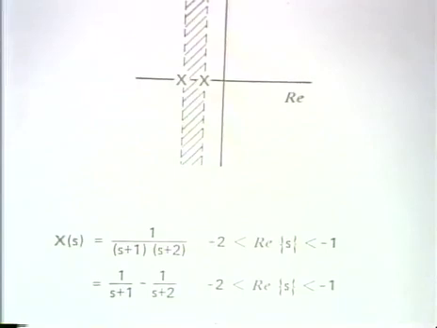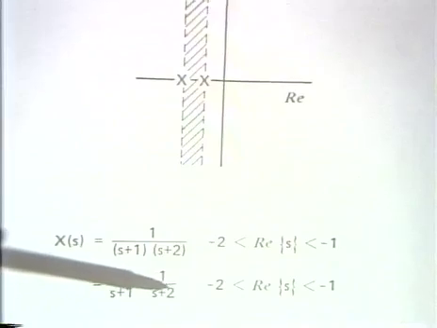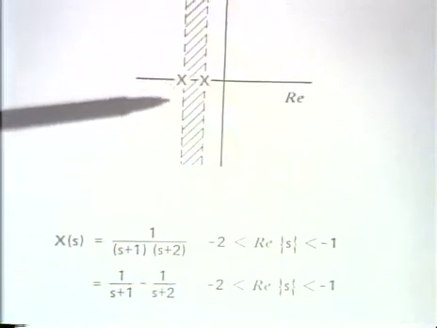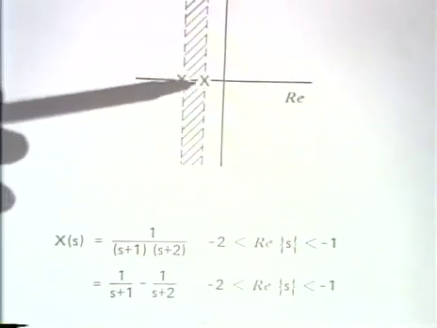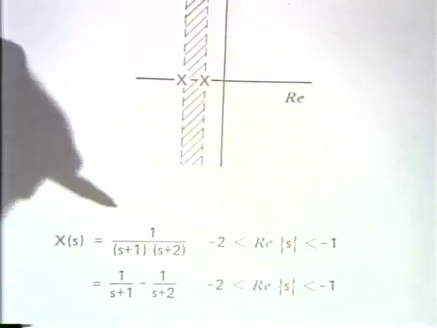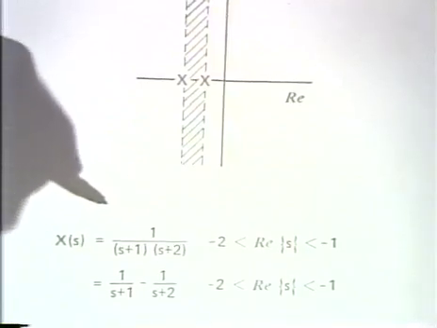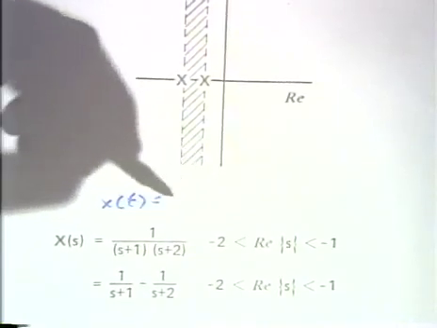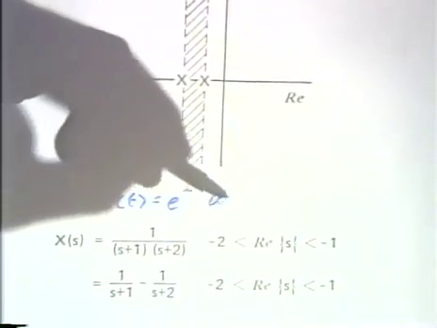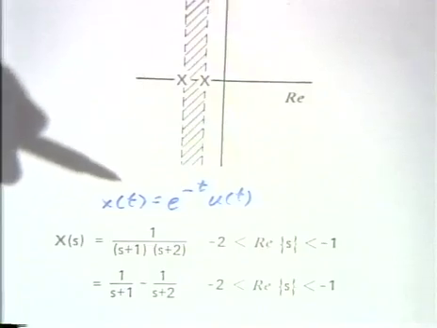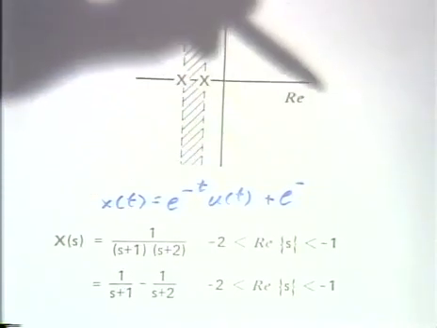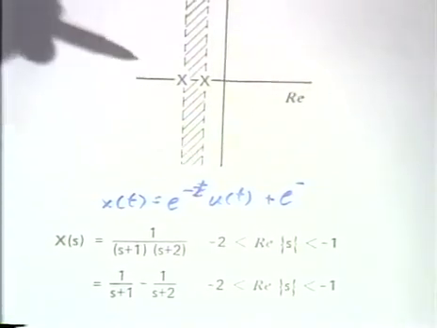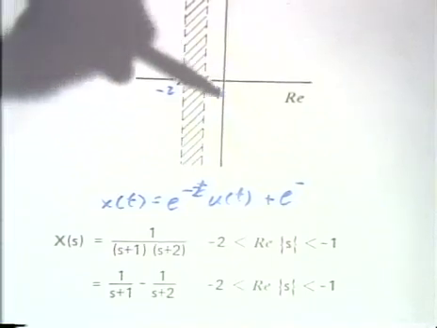And so the answer that we will get when we decompose this, using the partial fraction expansion, being very careful about associating the region of convergence of this pole to the right and of this pole to the left, is a time function of the form e to the minus t times a unit step for t positive, and then a term of the form, I'm sorry, this would be e to the minus 2t, since this is at minus 2 and this is at minus 1.